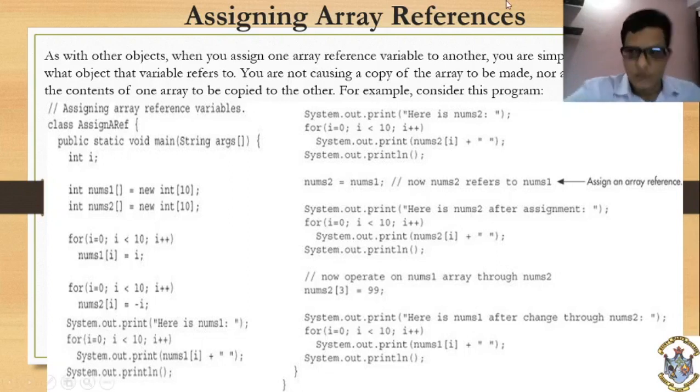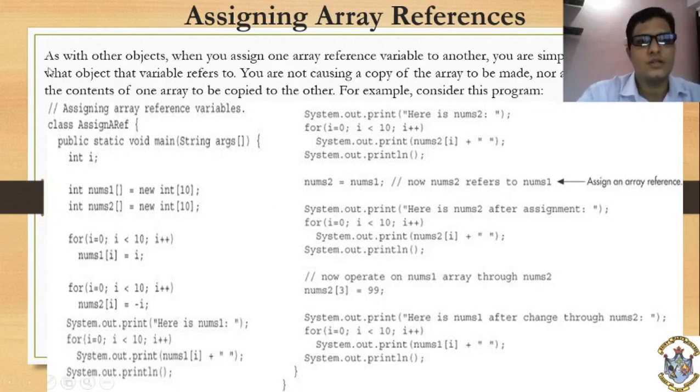So for this you have to write this theory, and this example is very important. Let me check what the topic is. Assigning array reference. So you are assigning the reference address of the values of an array to another array. Then what happens? Whatever the array is referring to, the referring variable also accesses the entire referred object.